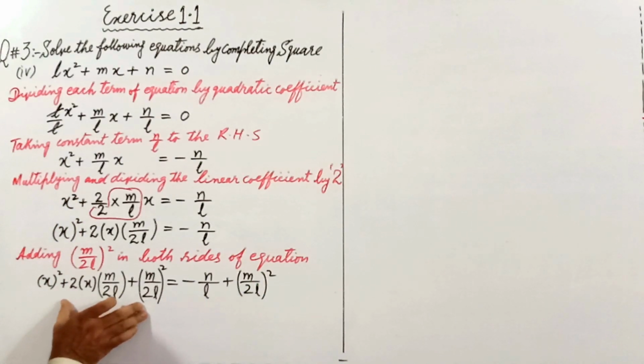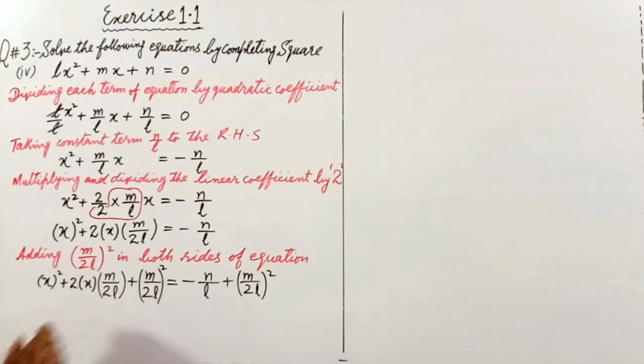The expression on the left hand side is in the form of a perfect square. By applying the formula, we convert it into a square.